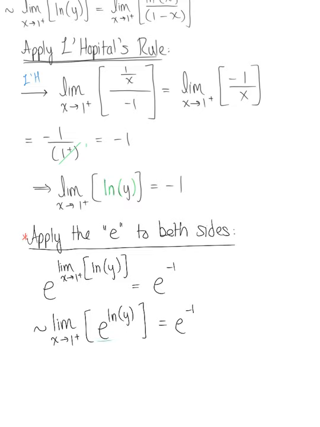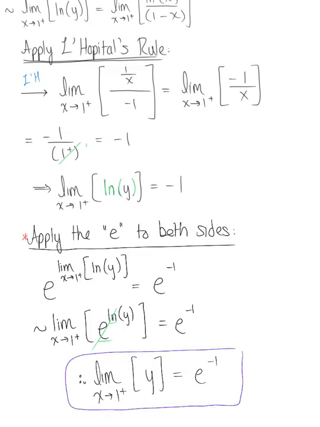Now the natural exponential and natural logarithm cancel each other out, and we're back where we started. We have the limit as x is approaching 1 from the right-hand side of y is e to the negative 1, and this is our beautiful final answer. That's because y is what we started with. We had defined y as x raised to the 1 divided by 1 minus x.